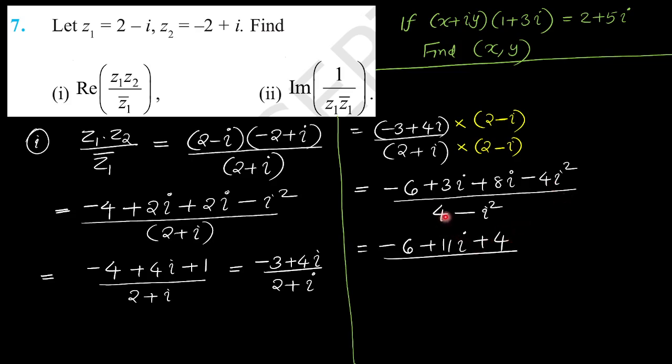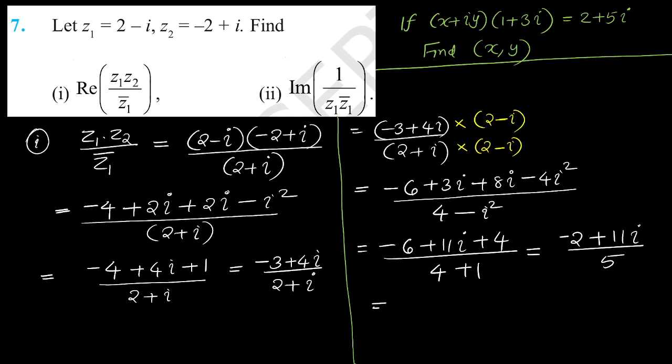And denominator 4, i square is minus 1, so minus of minus 1 is plus 1. Minus 6 plus 4 will be minus 2, plus 11i, by 5.